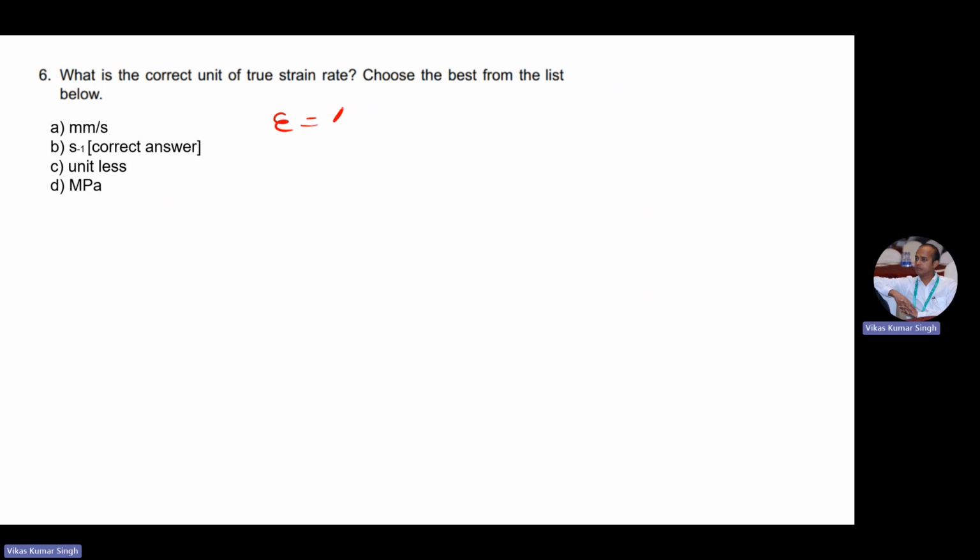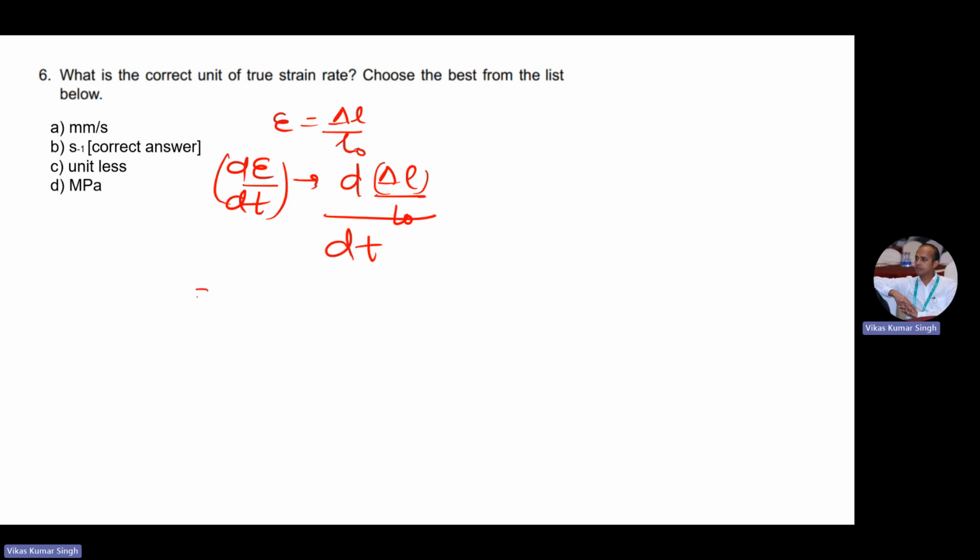Strain is delta L by L, and strain rate means we can write d of delta L by L, and L is constant, L naught, over dt. So we can write d delta L by dt into 1 by L naught, and this is V, velocity, by L naught. This is the strain rate.